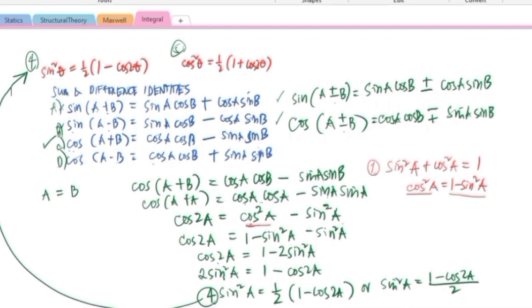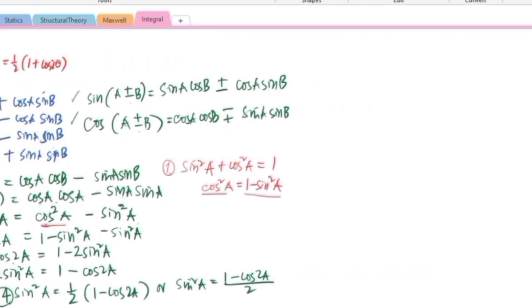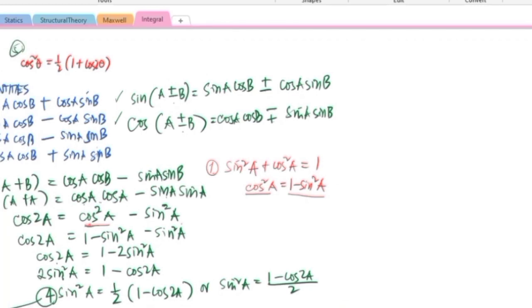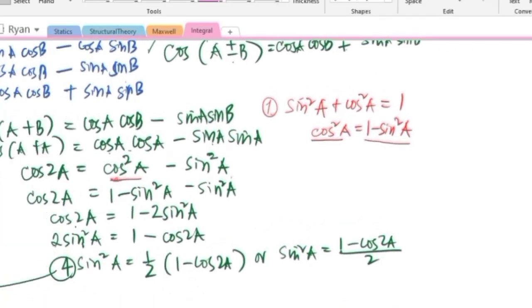Ngayon, papalabasin naman natin yung identity number 5 o yung formula number 5. So, saan manggagaling si formula number 5? Yung formula number 5 natin ay manggagaling dito. Sa halip na yung cosine squared theta yung papalitan natin, si sine squared naman yung papalitan natin.